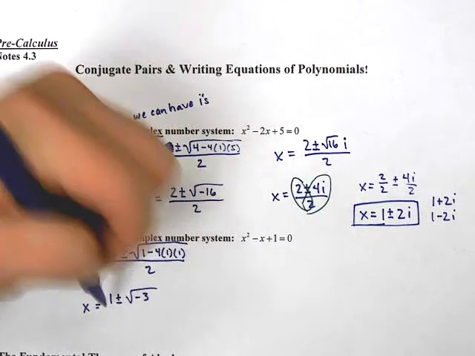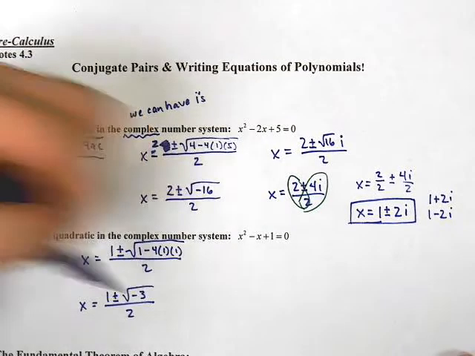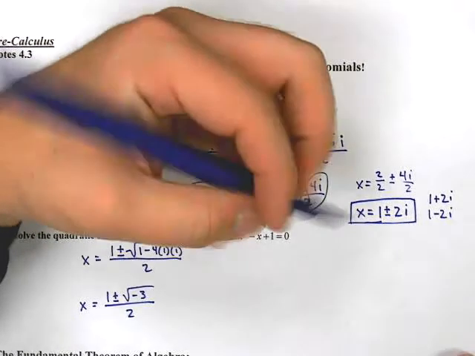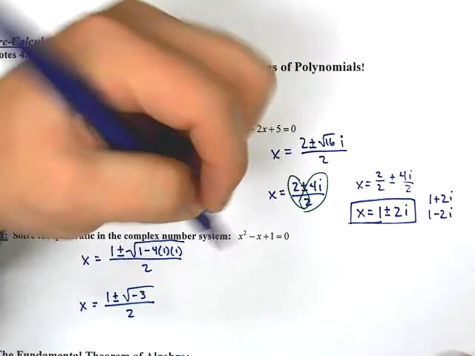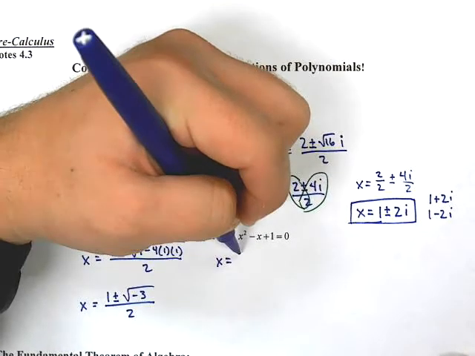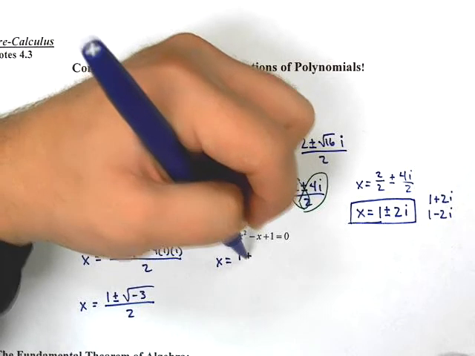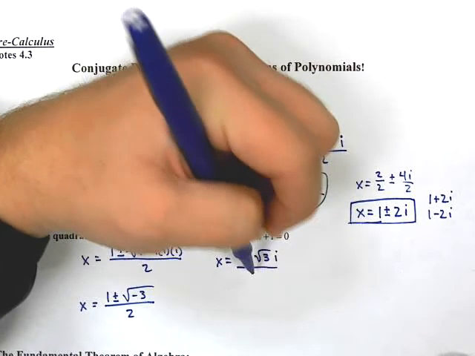Negative 3 all over 2. Now remember what we do. Because there's a negative under the radical, we remove that negative, but we replace it with an i, because the square root of negative 1 is i. So this becomes x is equal to 1 plus or minus the square root of 3 times i all over 2.